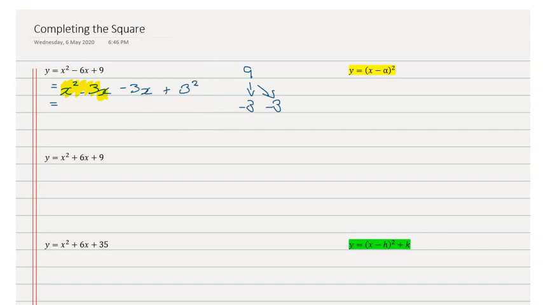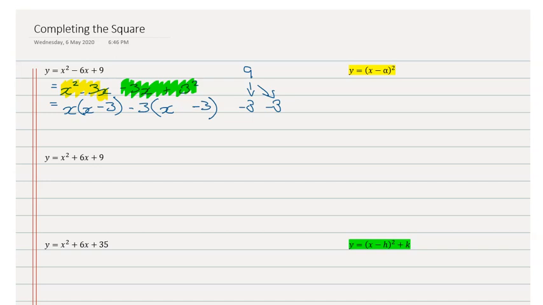Now, factorizing these first two terms here and these other two terms over here, we're going to pull out a common factor between these. Looking at this, there's a common factor of x, so let's pull that out and we'll go x minus 3. Now going over to these green ones, what can we pull out to get a factor of x minus 3? We can pull out negative 3. So negative 3x divided by negative 3 leaves x, and 3 squared divided by negative 3 is going to be negative 3.